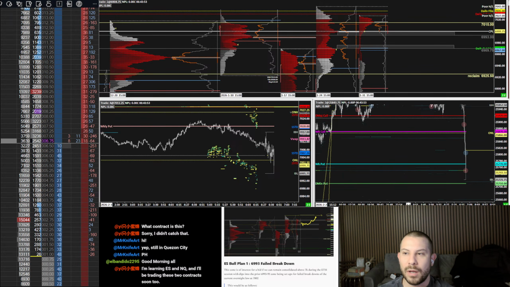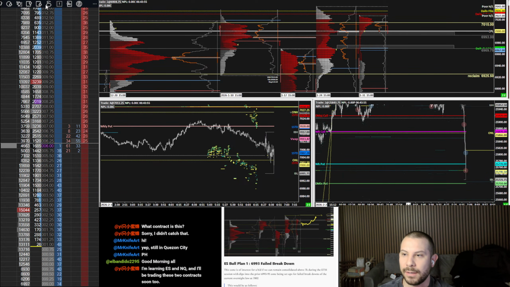For some reason, the Jigsaw DOM is lagging hard. The data is still behind. It says we're trading, no, DOM says 706. We're clearly at 7K.